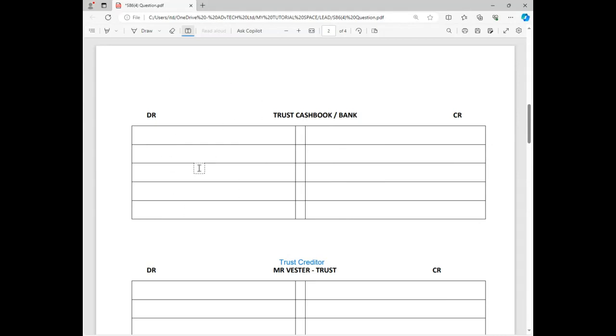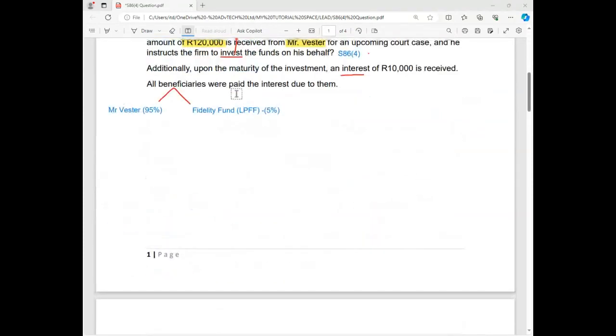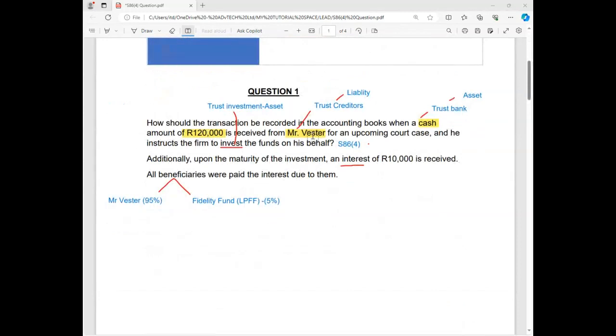So we know by now that we need to come to the debit side. Okay, so what I'm going to do, I'm going to go to the debit side and record the cash that we received from our client. So this cash was received from Vesta according to the information here. So we received 120 from Vesta.